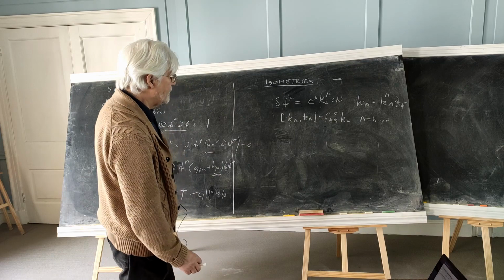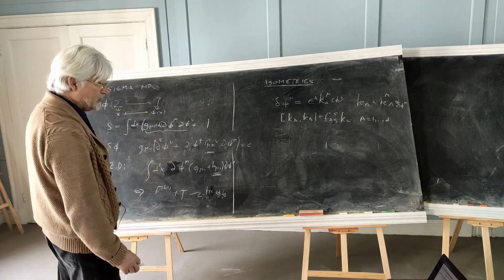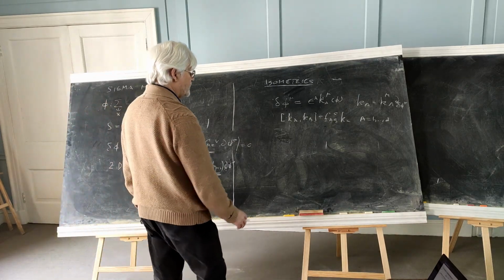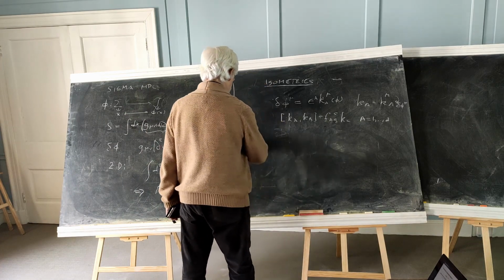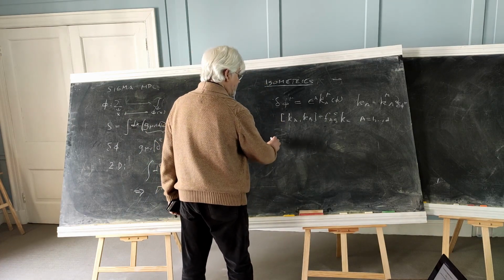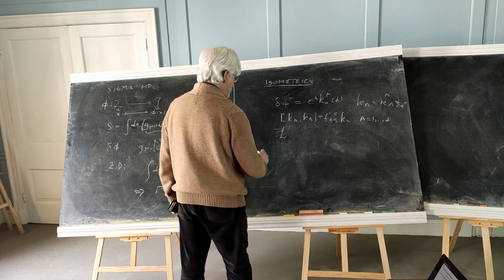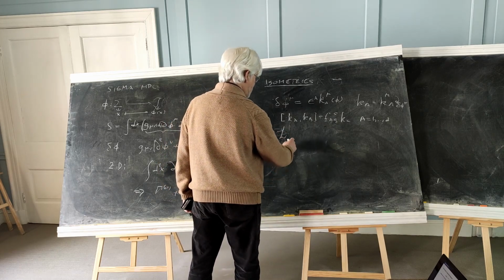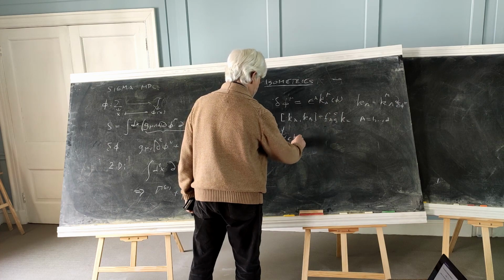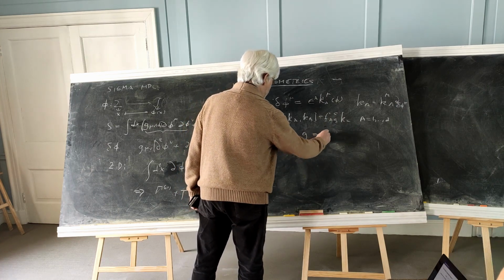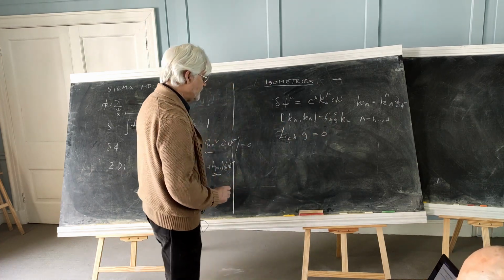Okay, so now what are the requirements on an isometry? The requirements are of course that the Lie derivative along K of the metric vanishes.